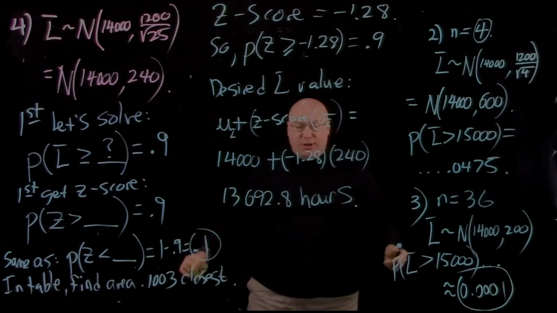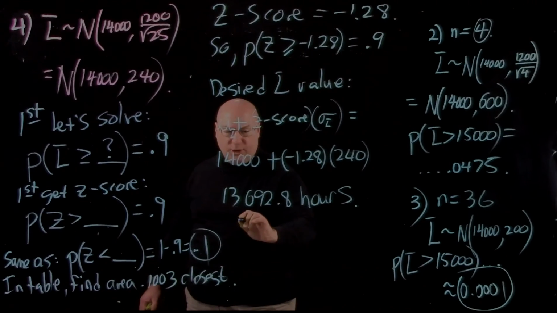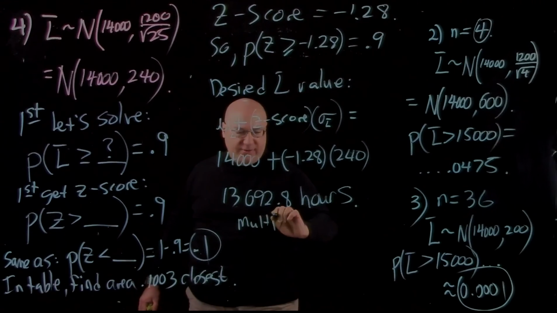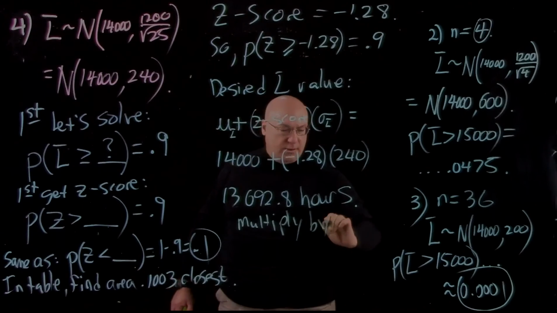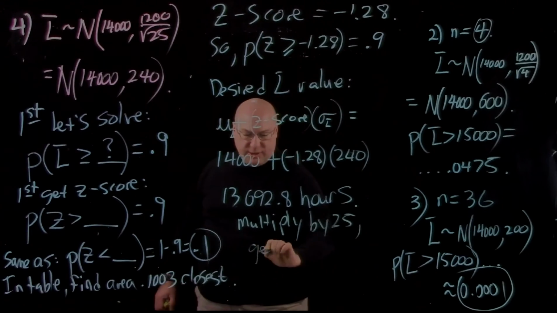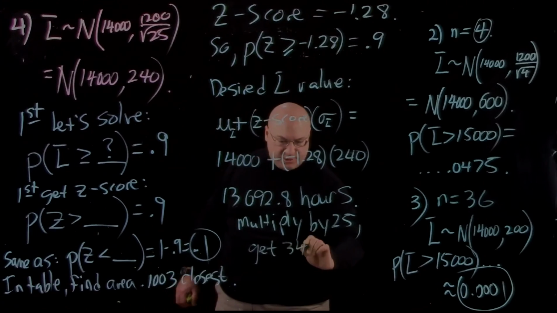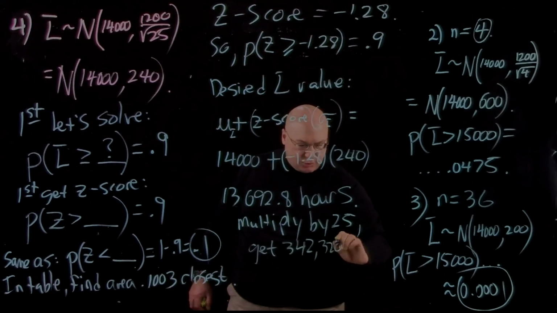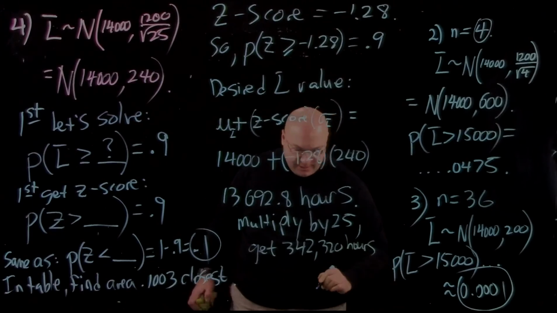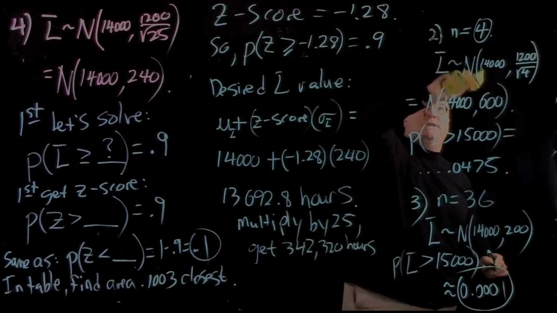To find the total, we multiply by 25. So multiply by 25, and you get 342,320 hours.